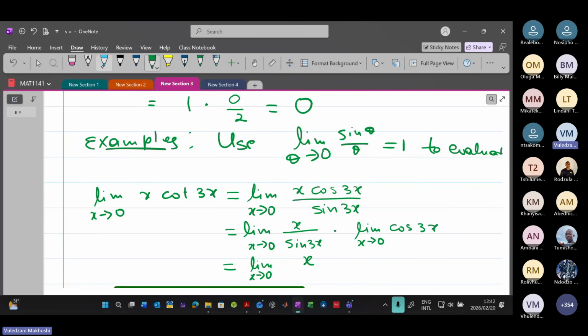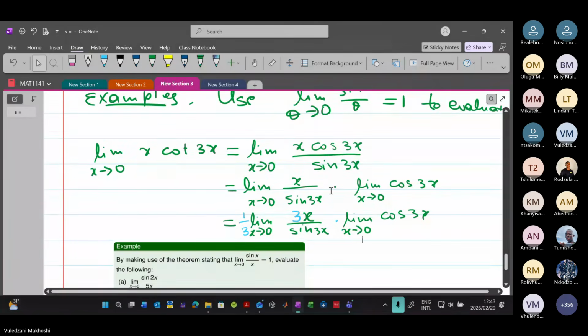Let us put a 3 which was not there, divided by sine 3x. We cannot say this is equal to that because originally we didn't have a 3 multiplying x. That is why we balance everything. This is just a constant. So we have 1/3 there, multiplied now by the limit of cosine of 3x, x is approaching 0.